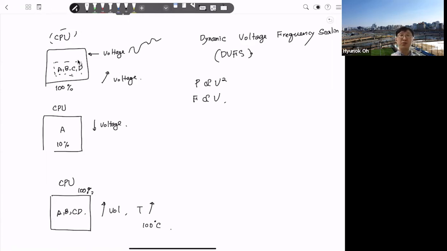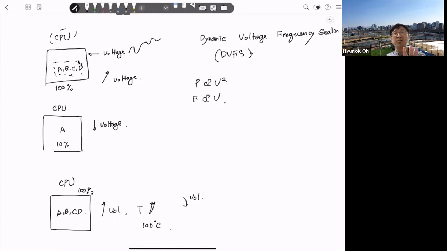If the temperature is so high, then the processor is not working anymore because of the temperature limitation. In that case, they are reducing the voltage, which means the program is slowing down.